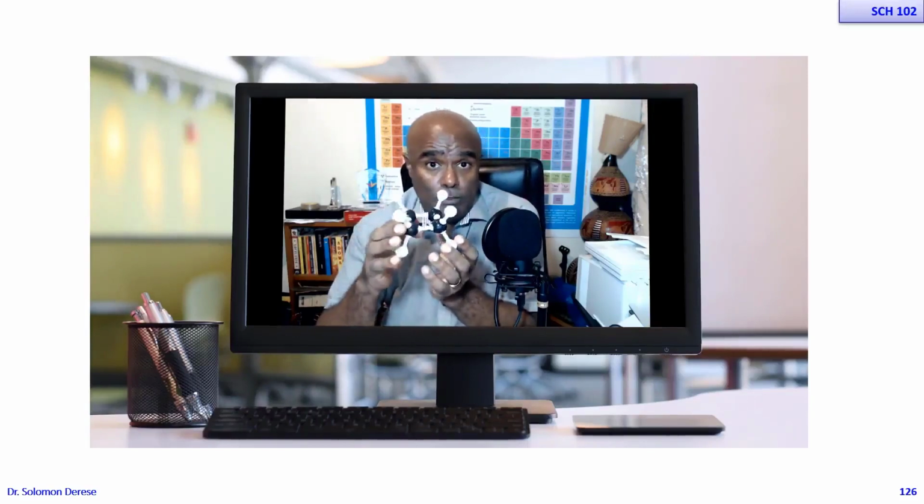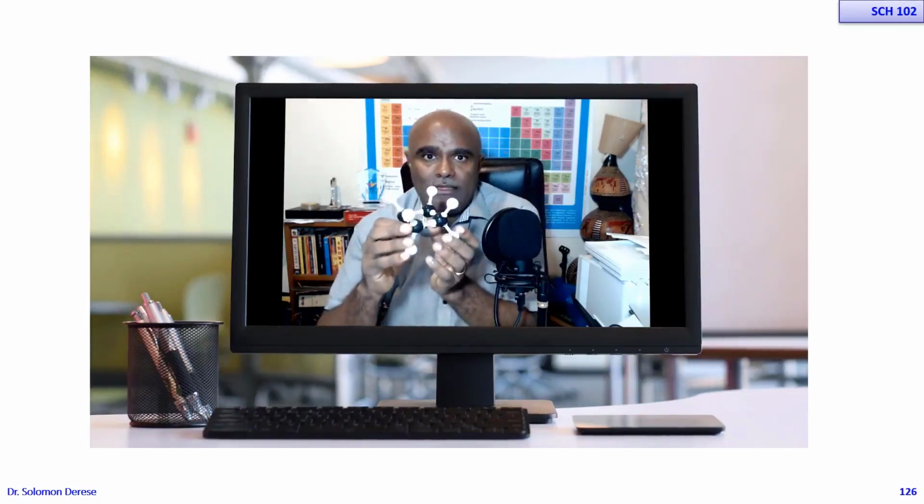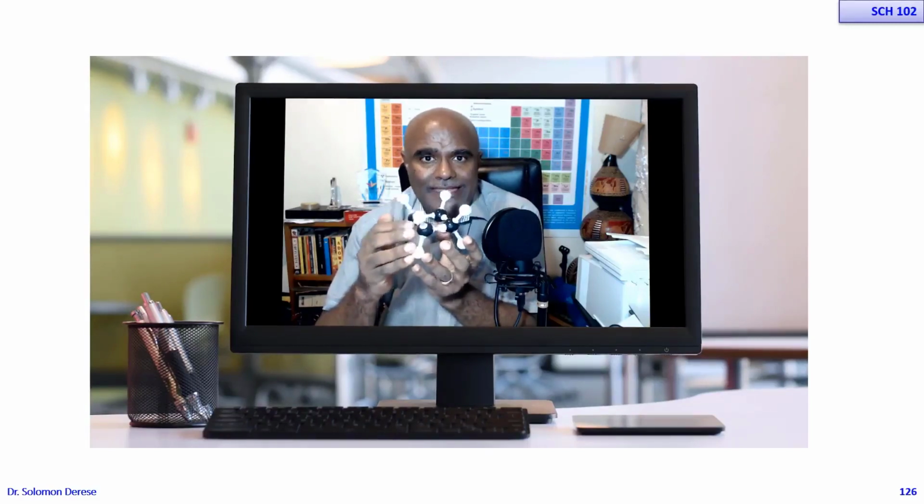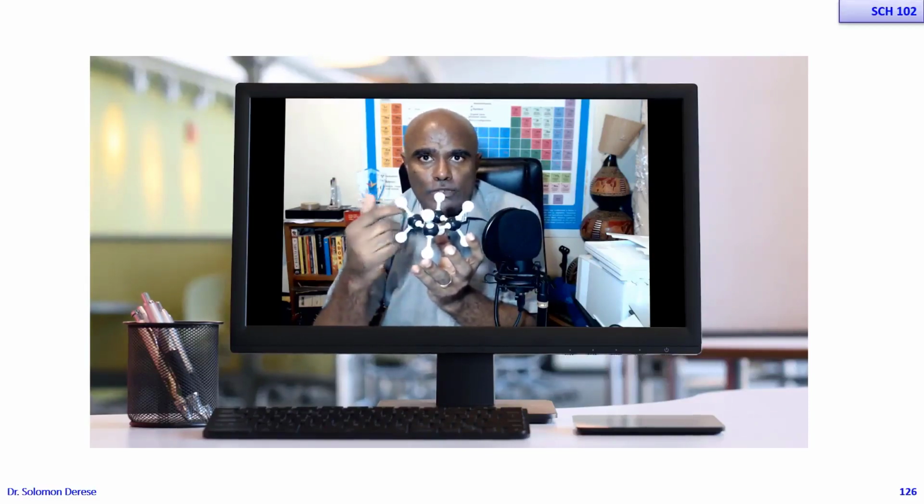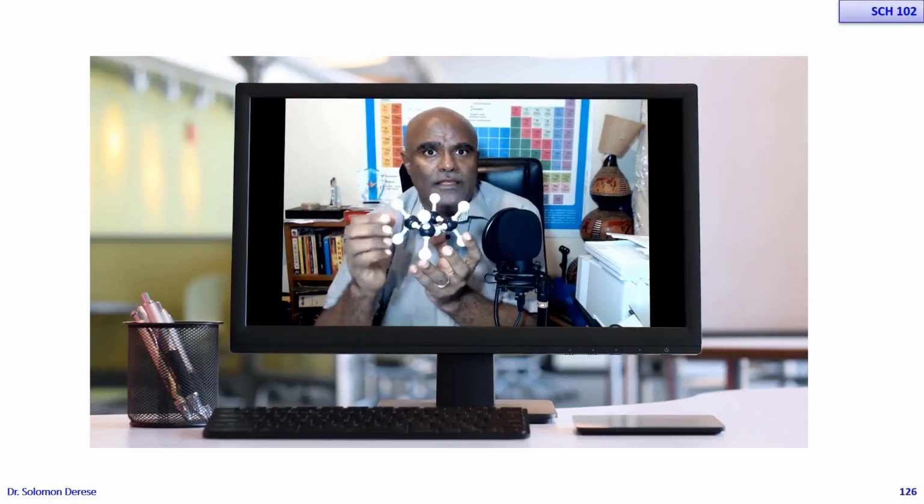But for cyclobutane, unlike cyclopropane, it can adopt a three-dimensional structure through puckering that will allow it to offset some of the strain in the ring.